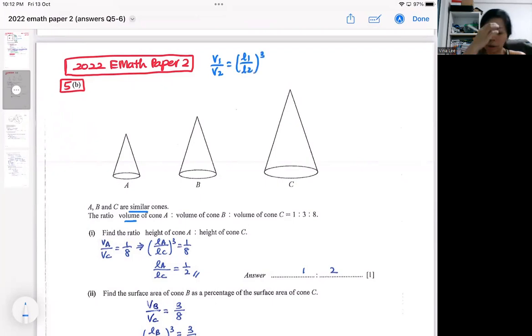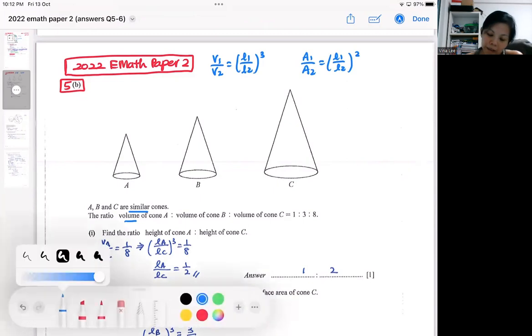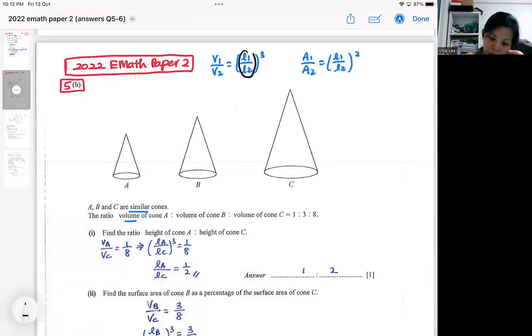So you should be thinking about the volume ratio formula and the area ratio formula. If you think about these two formulas, you should realize that they are related by the length ratio.